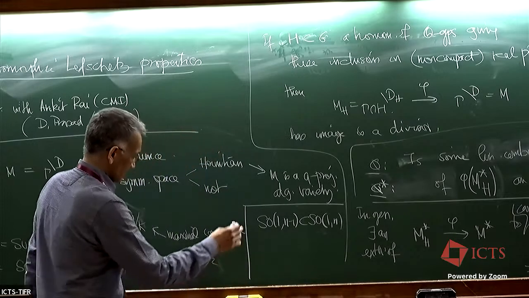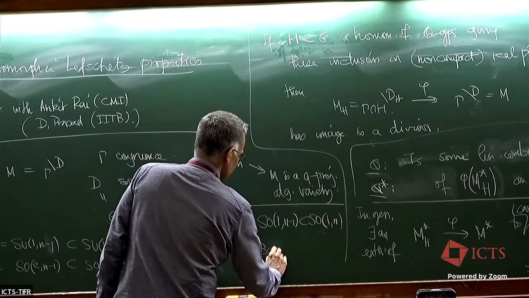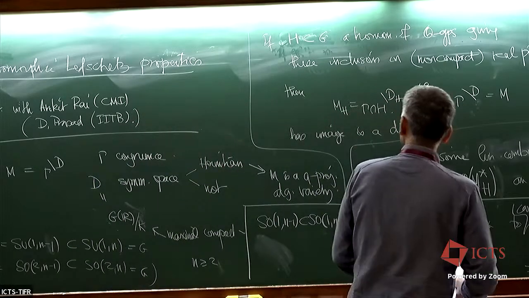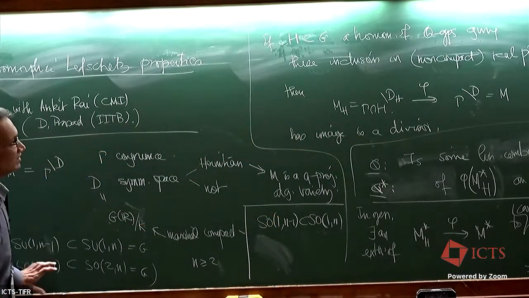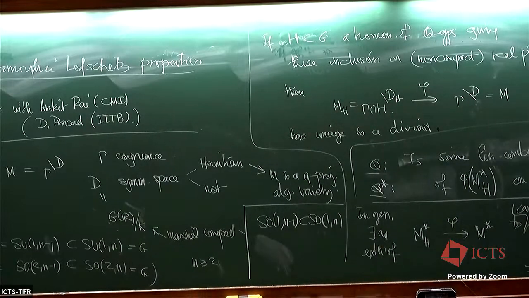And it's an observation which I'll mention when I state the theorem. So the point is that these things are actually closely related to SO(2,n), at least in what I'm going to say. And that's somehow why automorphic Lefschetz properties hold in greater generality than one might think.